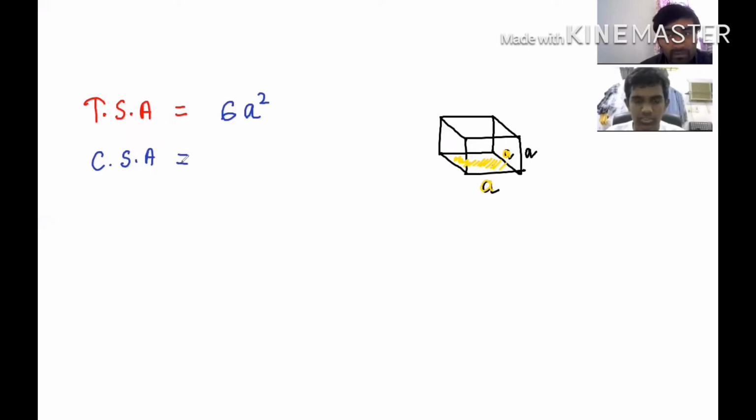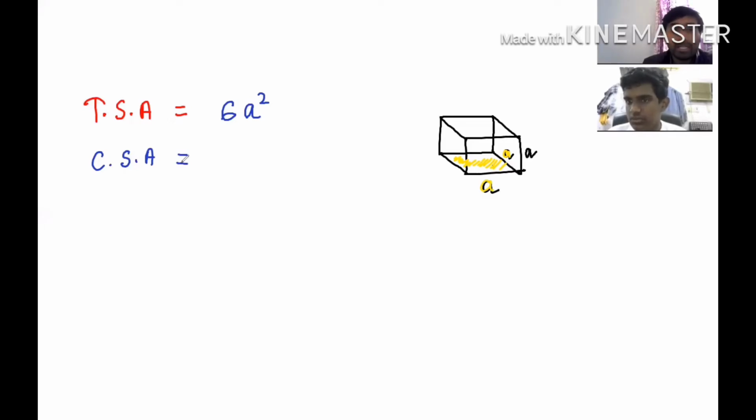See what I said. Four walls are there, so it is 4A square. One top, 5A square. And one bottom, that is the 6A square.